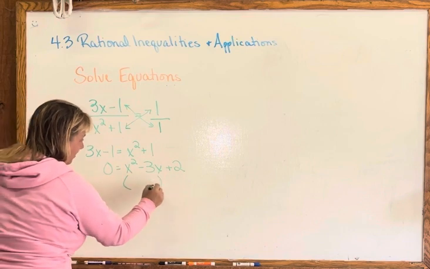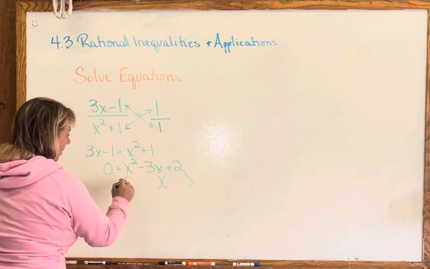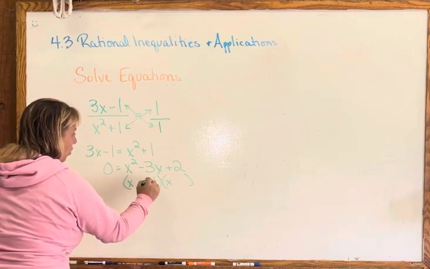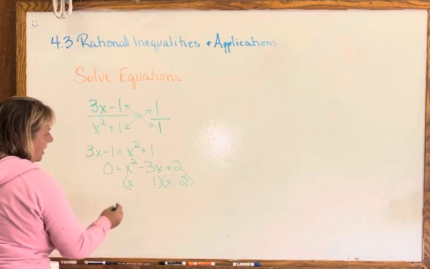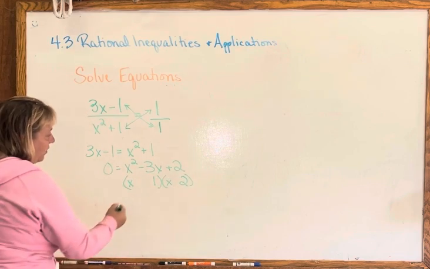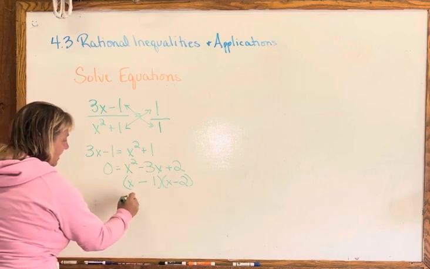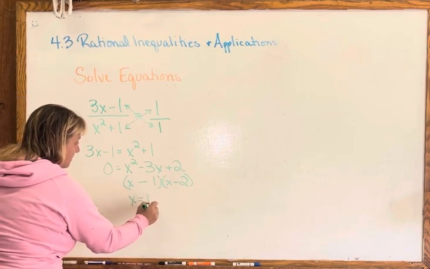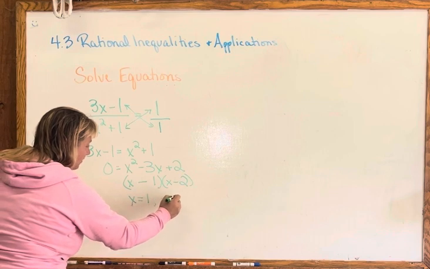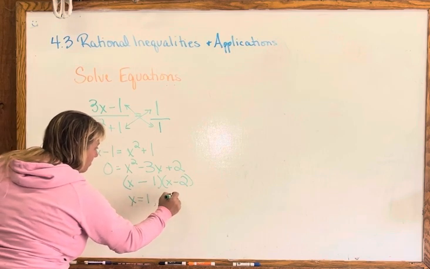So we can factor this side. x and a 1 and a 2. And in order to get that -3 in the middle, they both need to be negative. So that means x will equal 1, x will equal, oh sorry, not negative, positive 2.